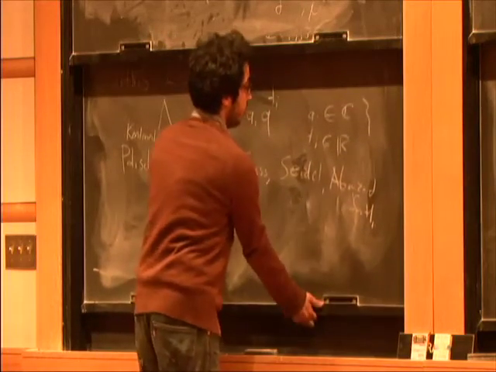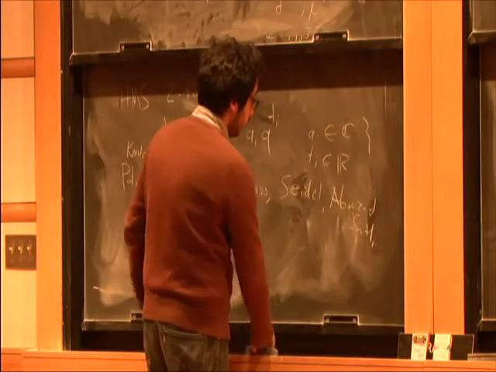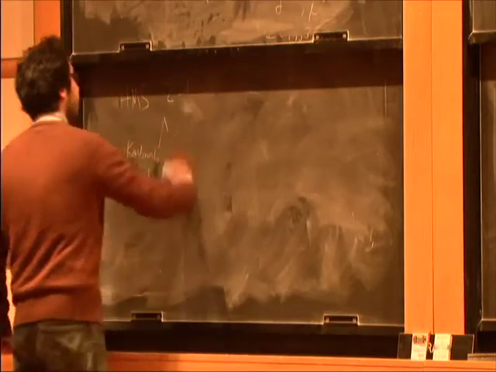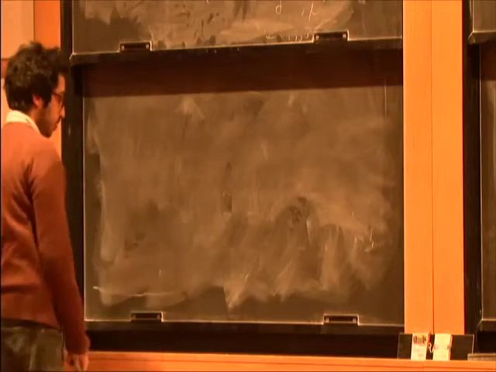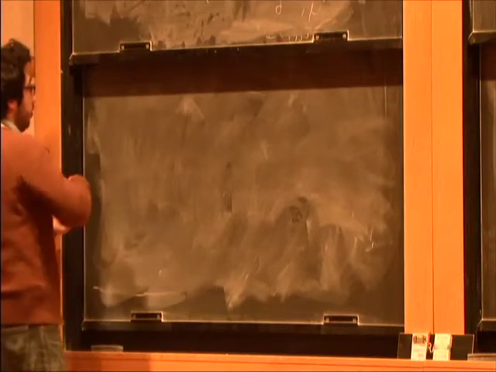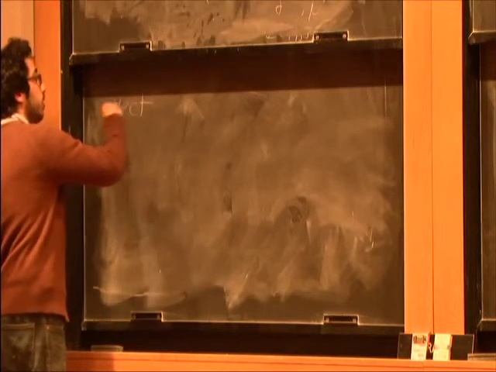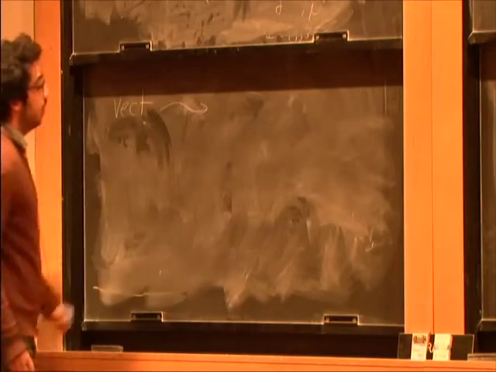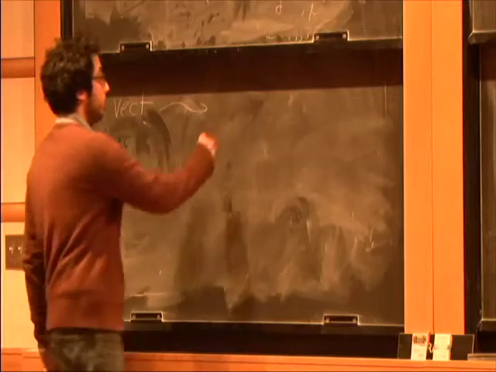Now, the statement of homological mirror symmetry involves triangulated categories. So from this category Vect, I will pass to something called the triangulated closure.